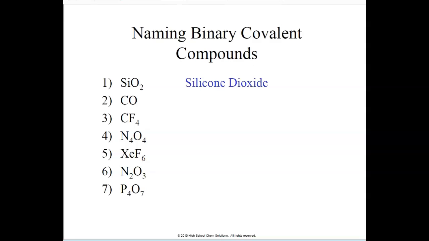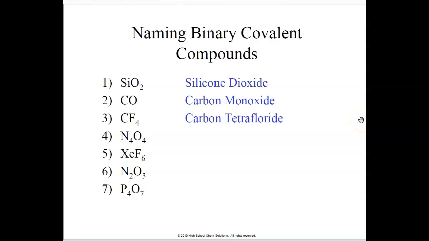Well, there's a little caveat in the rules that says if there's only one of the first element, we don't have to say mono. We can just say silicon dioxide. For example number 2, carbon monoxide: one carbon, one oxygen, as opposed to CO2, which would be carbon dioxide. Then CF4, carbon tetrafluoride. Tetra means 4.